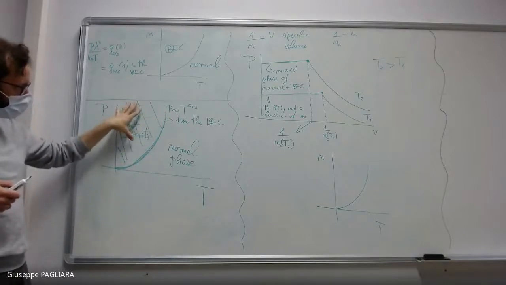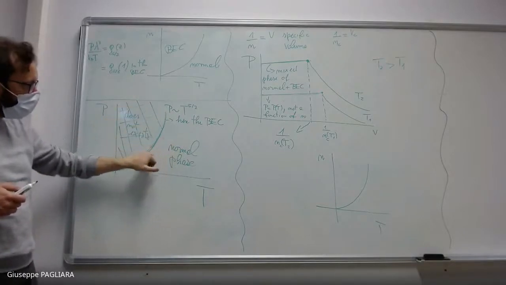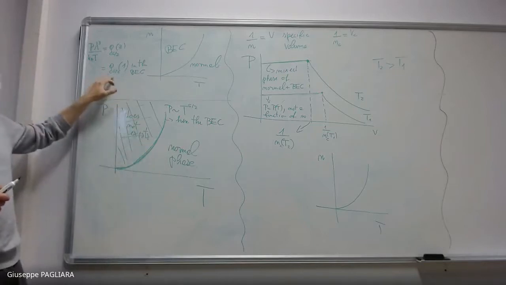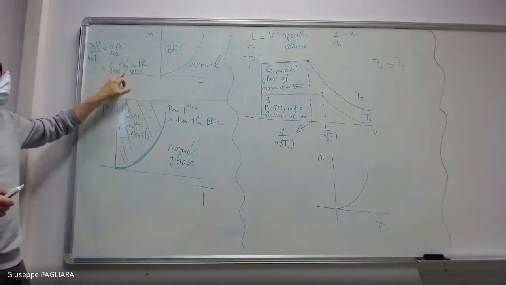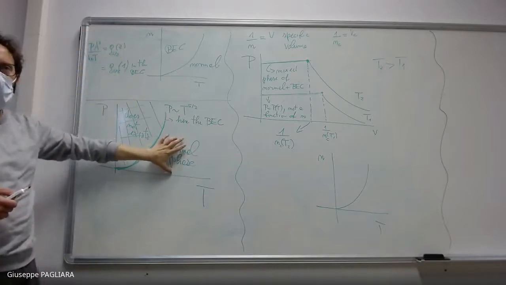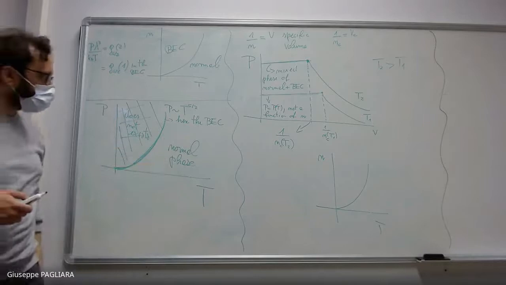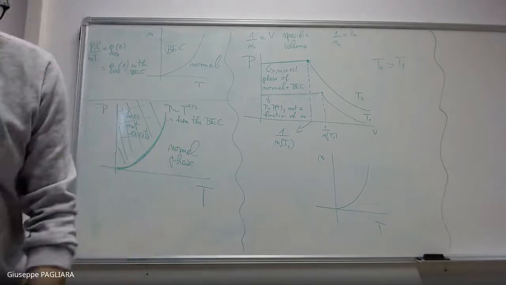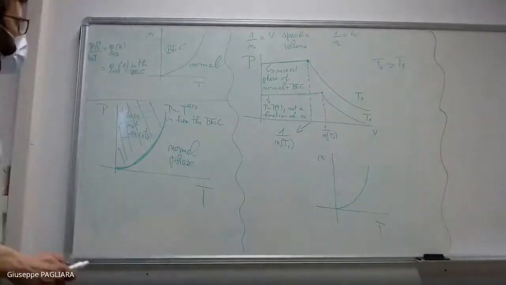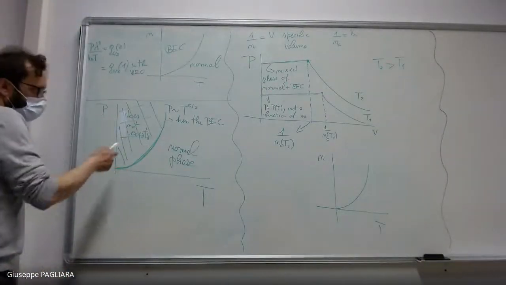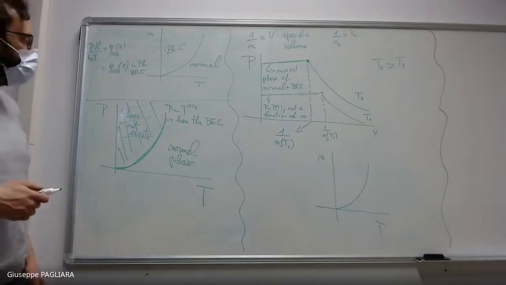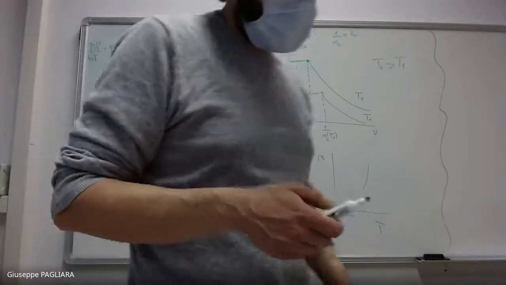Okay, this part does not exist, whereas below this curve, that means when z is less than 1, I have to use this equation here, and I will have the normal phase. And after that, maybe I'll stop for a while, and after the break we will compute the Clapeyron equation for this kind of first-order phase transition.